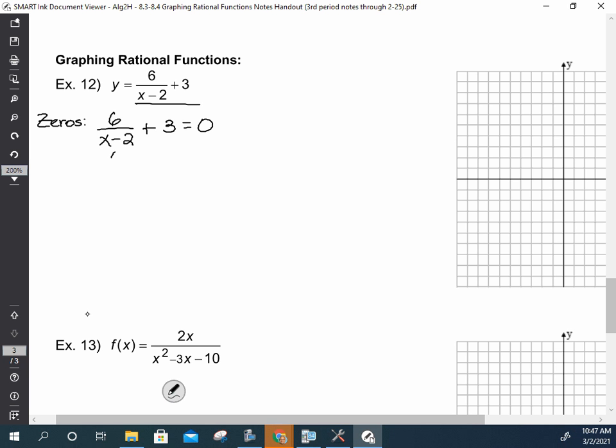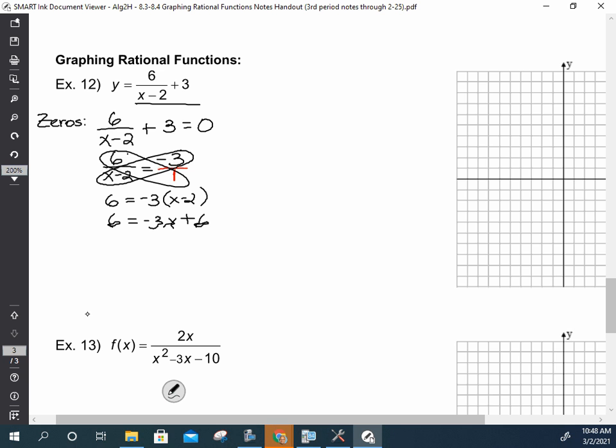So that gives us 6 over x minus 2 equals negative 3. Of course, we're going to make that negative 3 a fraction so that we can cross multiply. So 6 times 1 is 6, and negative 3 times x minus 2 is negative 3x plus 6.